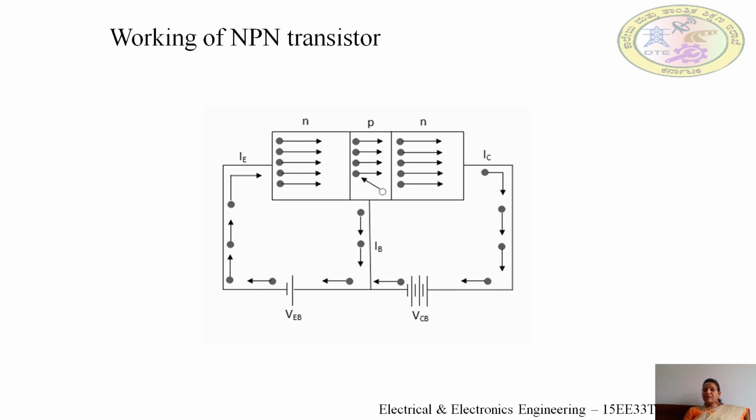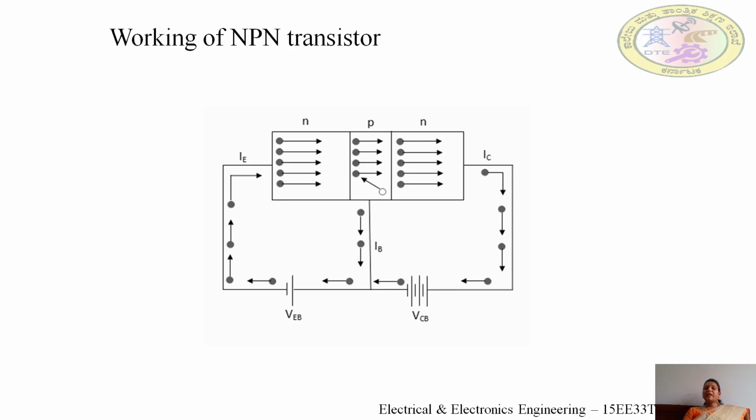Of course, since your collector base junction is reverse biased, there will be very small amount of current flowing due to the minority charge carriers. But this current can be neglected in most of the practical situations. Now, if you introduce emitter base forward bias, there will be emitter current due to the forward biased signal, and hence you will have the collector current as well.